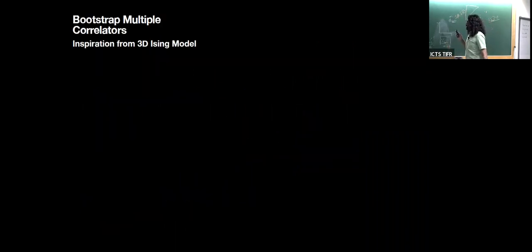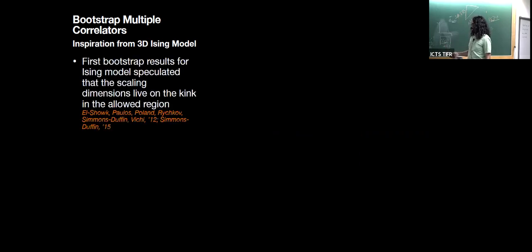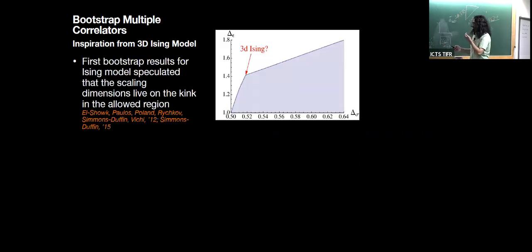So the first immediate future direction is to bootstrap multiple correlation functions. The inspiration for this comes, for example, from the Ising model. When they did the first bootstrap, they only bootstrapped 1 correlator, and they found this kink in the allowed region, and they asked, does the Ising model live there?